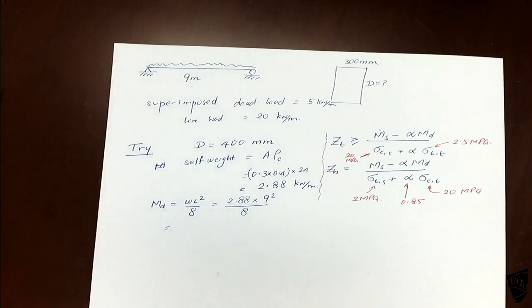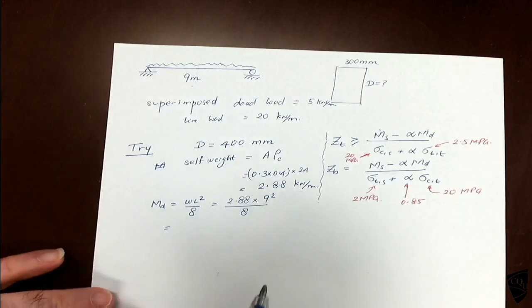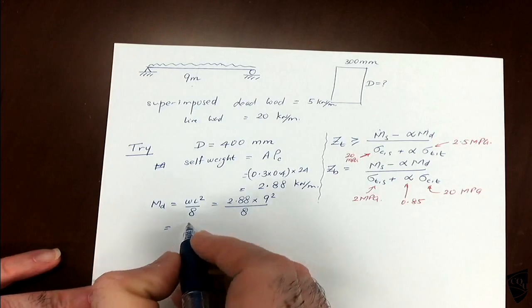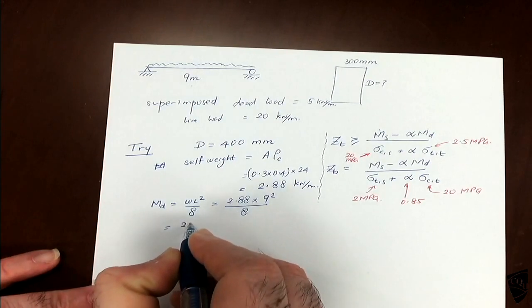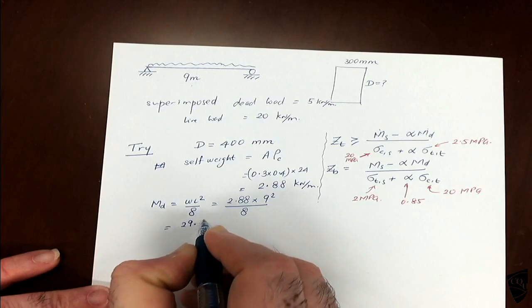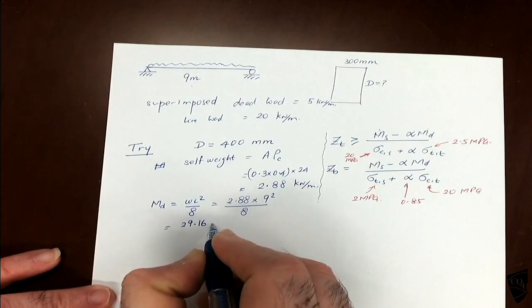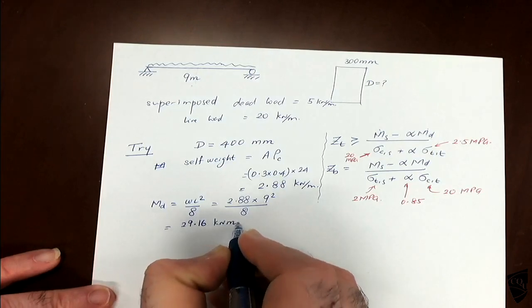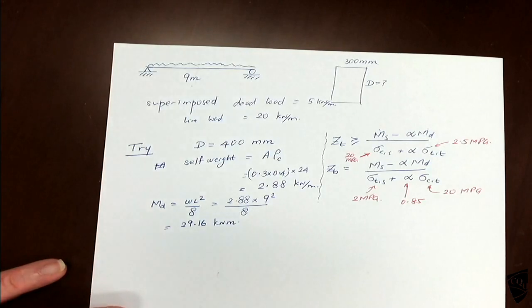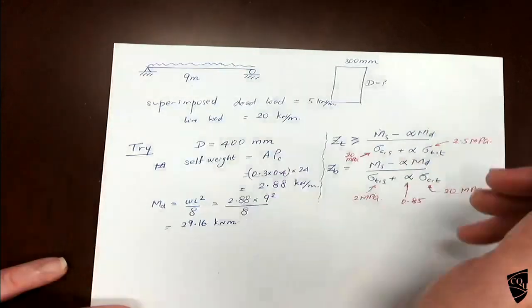If you work out how much it will come, it is 29.16 kilonewton meter. So this is MD. So we know that one as well.